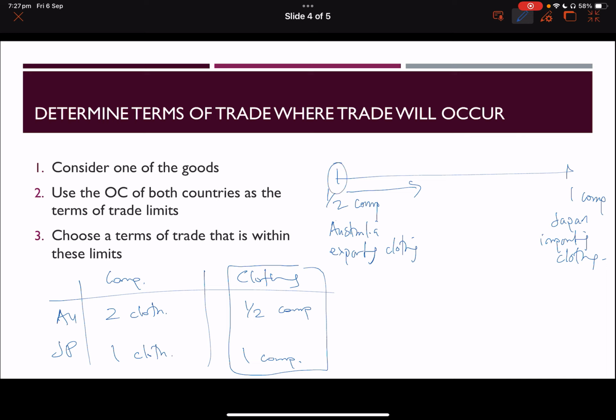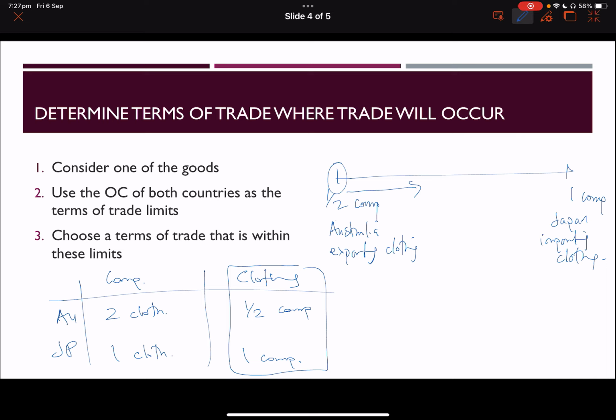Now, from Japan's point of view, they are importing clothing. If Japan isn't trading and they are looking to reorganize their resources in order to gain an additional unit of clothing, they will need to sacrifice one computer. That's, again, the nature of their economy. However, if they find a trading partner who is willing to give them one piece of clothing in return for less than one computer, so again, a better situation than they have in their own economy prior to trade, they're going to jump on that because they're giving away fewer computers.